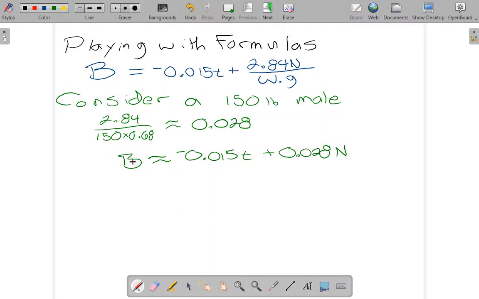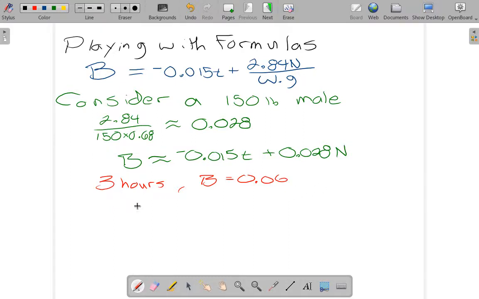Now suppose I want to take it a slightly different direction, and I'm curious, over a certain amount of time, like maybe 3 hours, how many drinks would this person have to have so that their BAC was about 0.06, so under the legal limit for operating a motor vehicle.